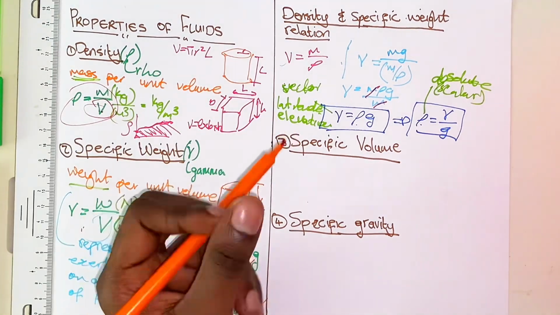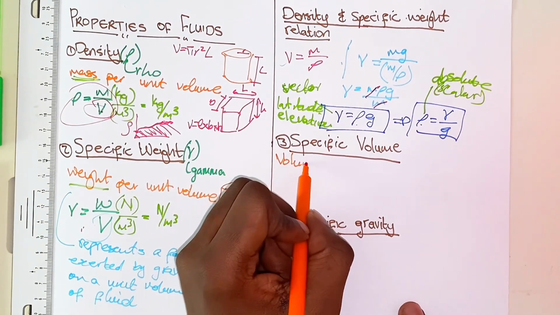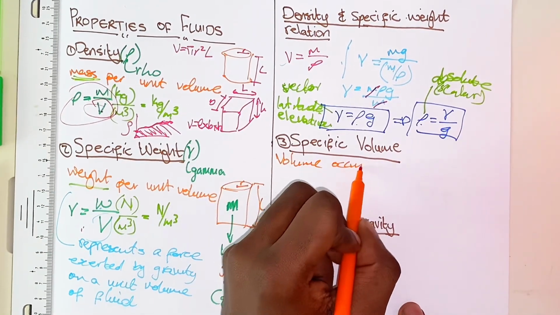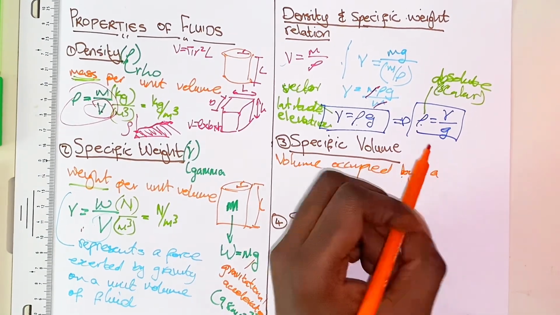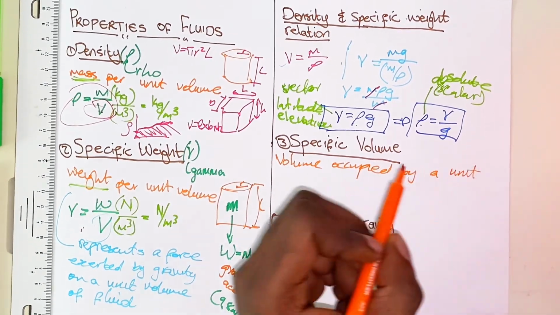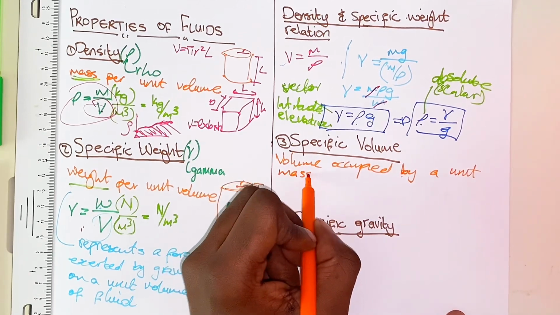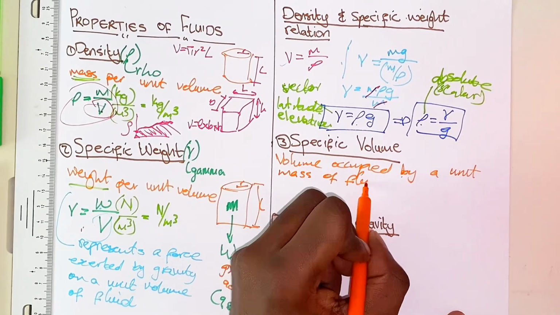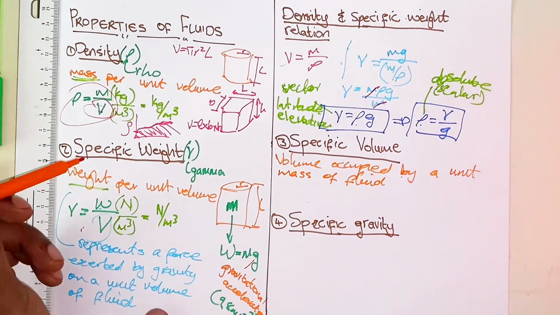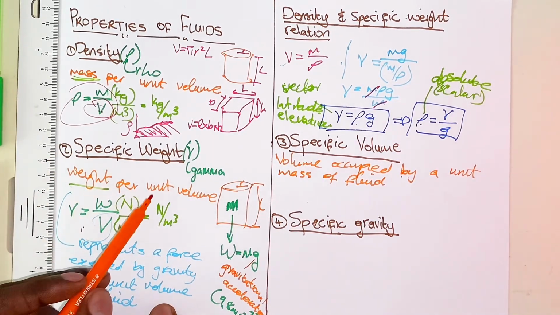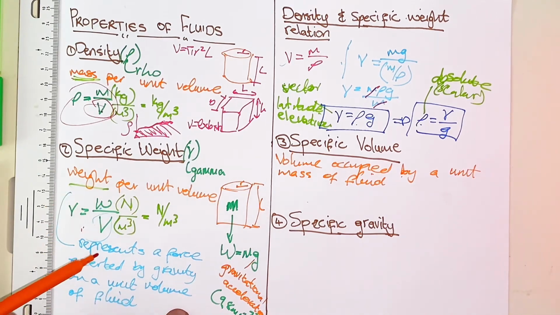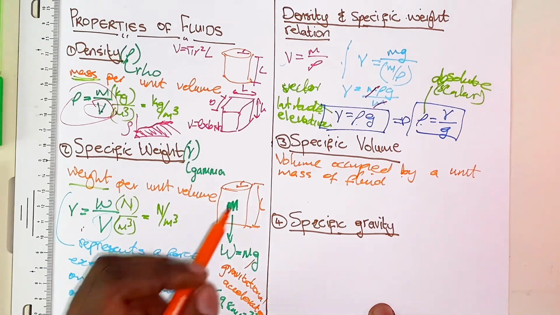Now specific volume is volume occupied by a unit mass of fluid. Now with specific weight, we said weight per unit volume, and the weight represented a force exerted by gravity on a unit volume of fluid.